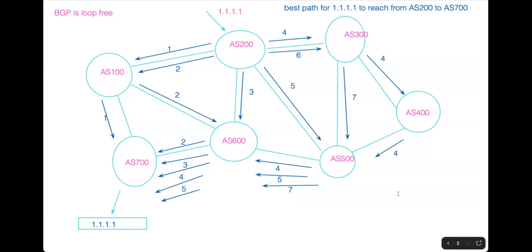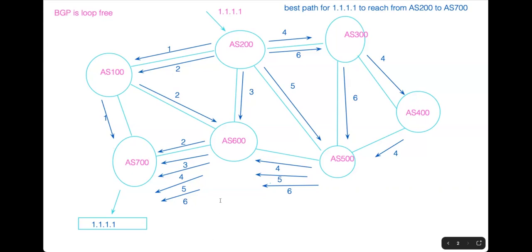Sorry, I made a mistake in the end. So let's assume that there are 6 paths available to reach this route 1.1.1.1 from AS200 to AS700.